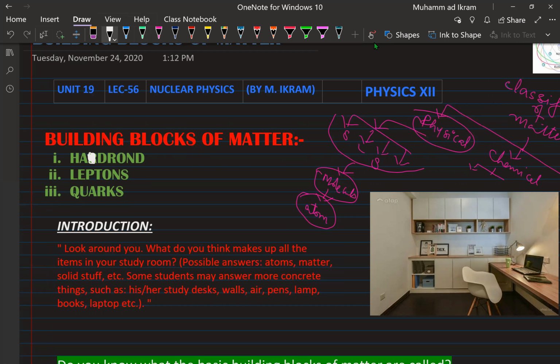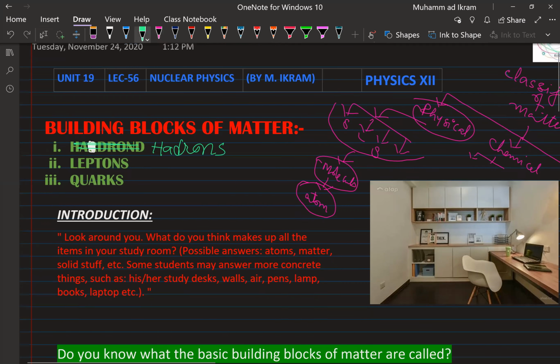Sorry for that. I will write this again. This was a typographical mistake, and I'm sorry for it. And we have the leptons and we have the quarks.